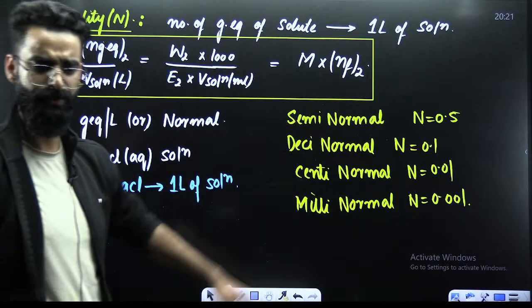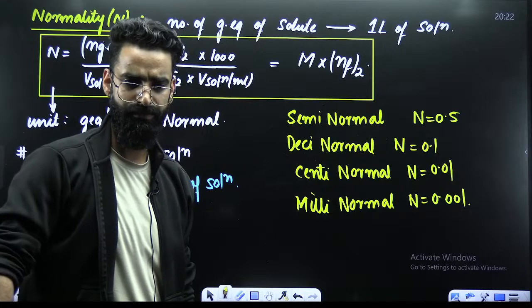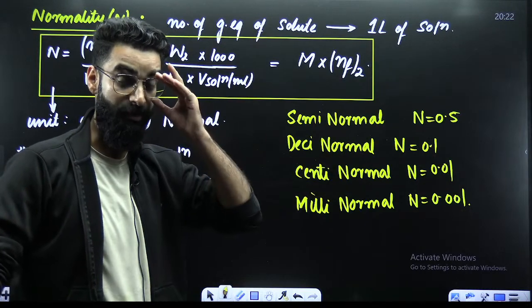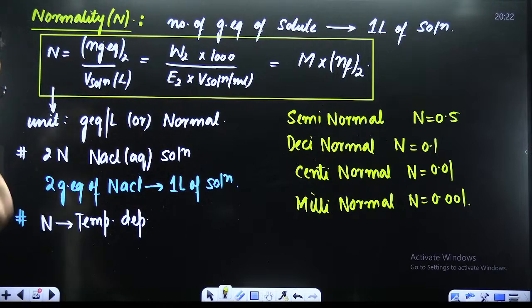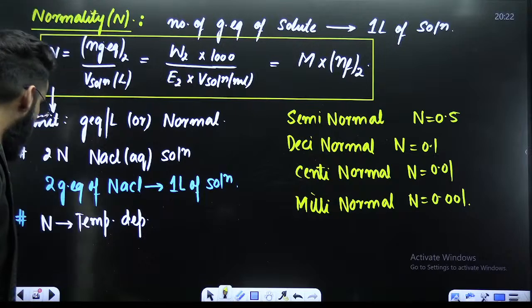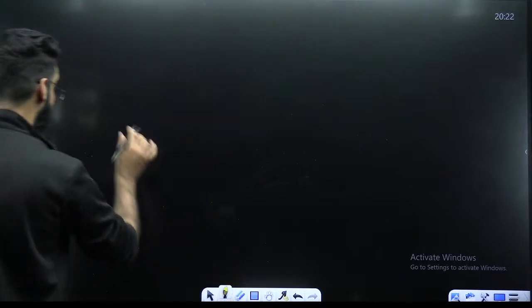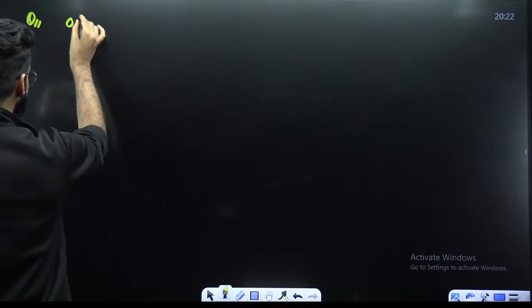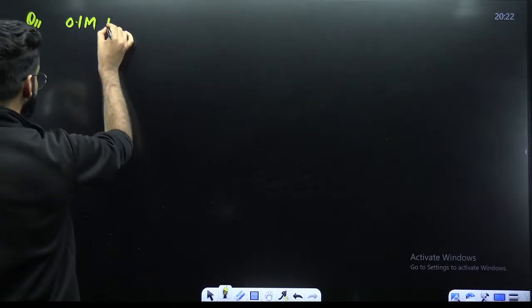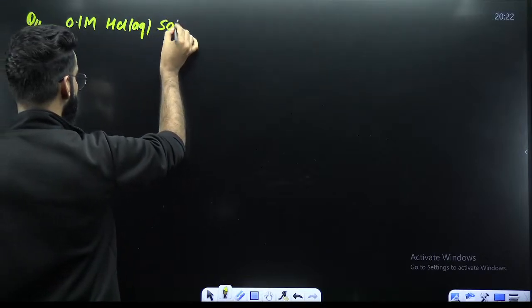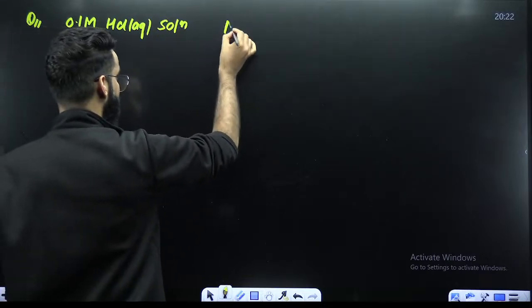Sometimes just to confuse you, they can give you all these terminologies. I hope this is clear. Now, if this is clear, let's try to solve one question so that you can understand this concept of normality. I'm giving you 0.1 molar HCl aqueous solution. Let me know what will be the normality of this solution.